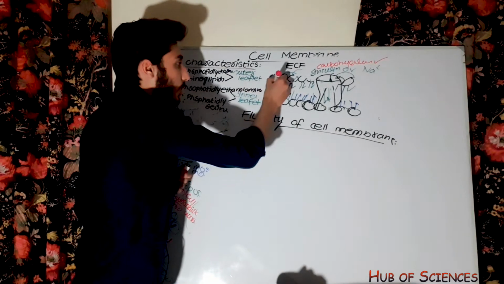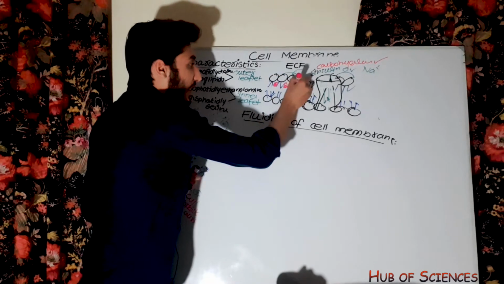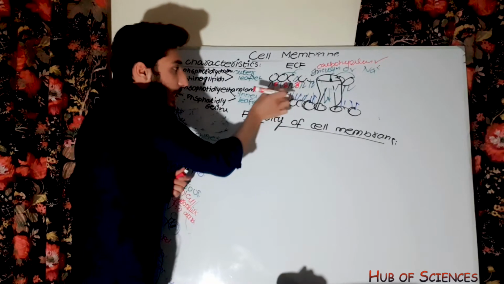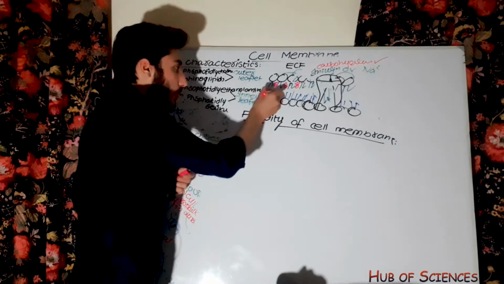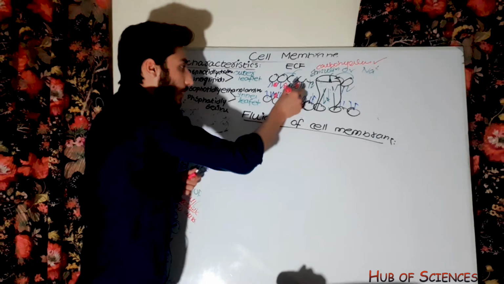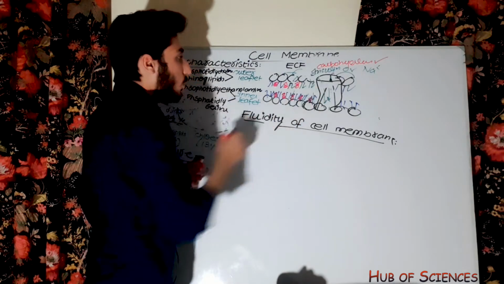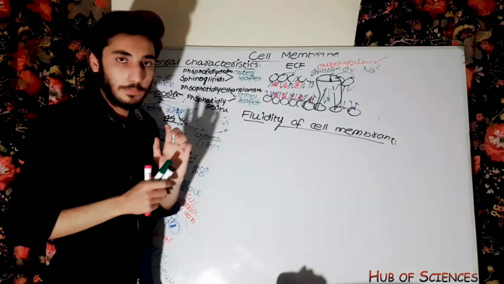Assume these are the lipid molecules intercalated between the tails of the phospholipid molecules. They are in both the outside and inside leaflet.